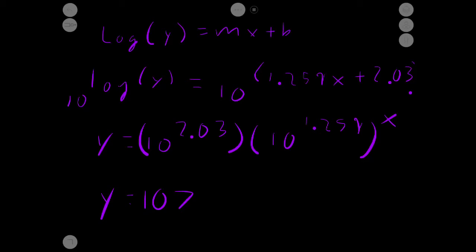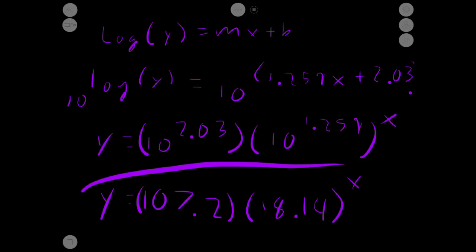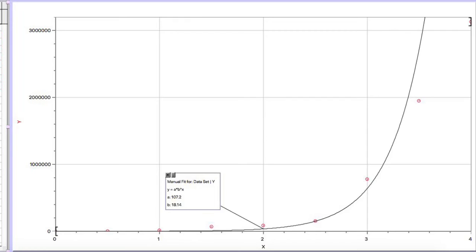We can simplify this equation to y equals 107.2 times 18.16 to the power of x. Now we can put this exponential equation over our original data, and we see that it matches pretty closely.